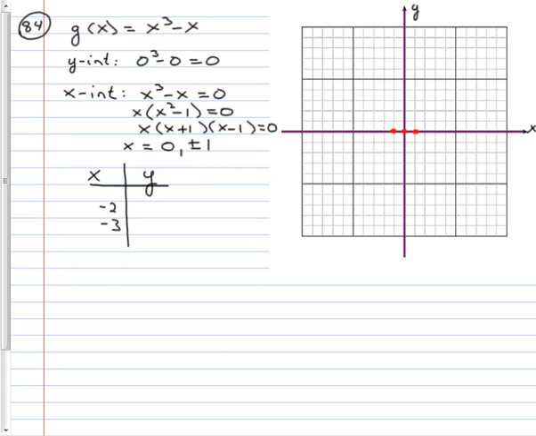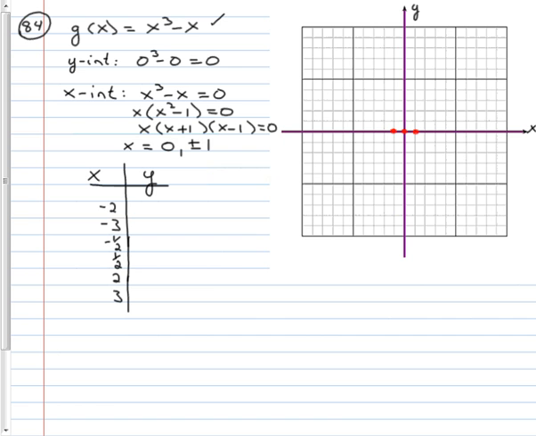I probably need to know what happens between these dots. I bet it's not just a flat horizontal line. So I'm going to get something between the dots, a negative 1/2 and a positive 1/2. And then I'm going to choose a 2 and a 3, so I have something on the other side. So I'm kind of using those intercepts, those points that are on it, to try to give me some guidance of what x's I might choose.